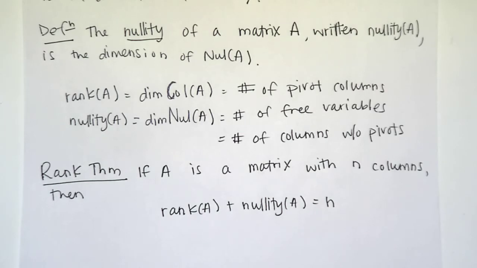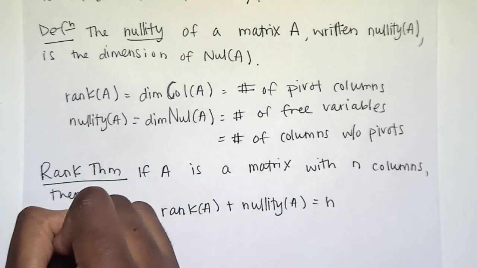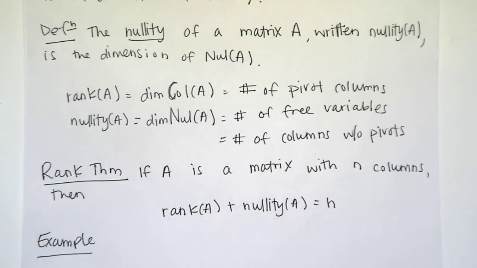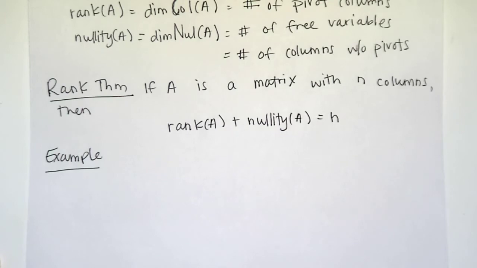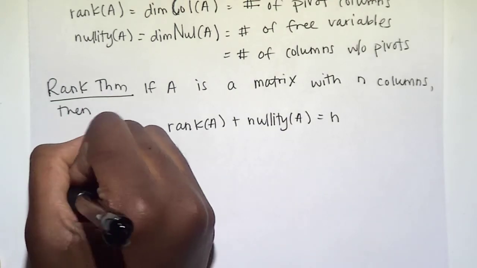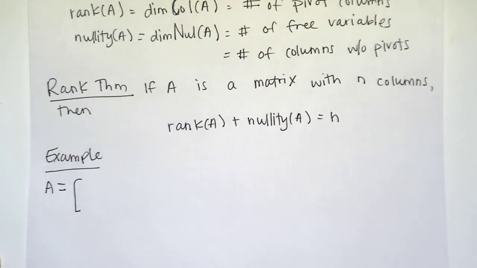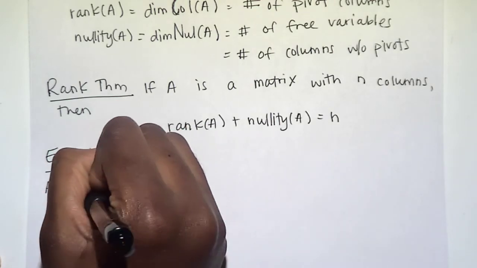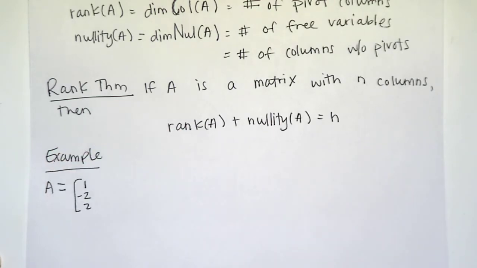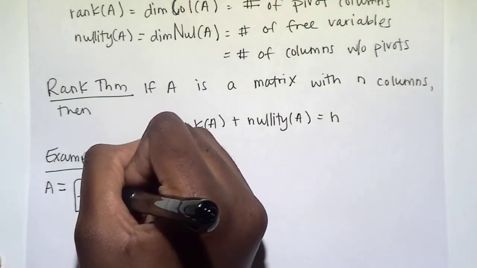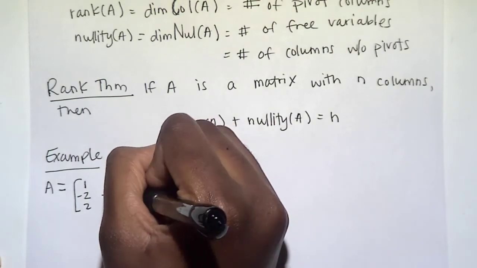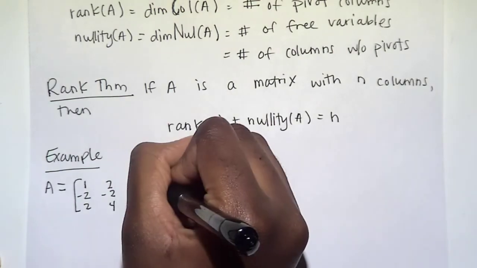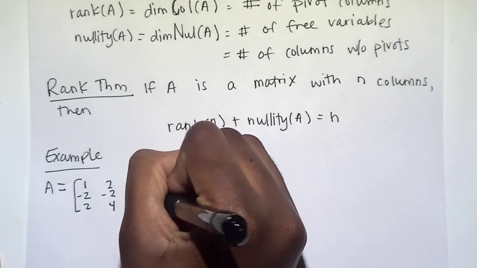So let's look at an example and use the rank theorem to answer a question. All right, so let's look at a 3 by 4 matrix again. Down my columns, I have 1, -2, 2. And I have 2, -2, 4, 0, 4, 0, and then -1, 5, -2.